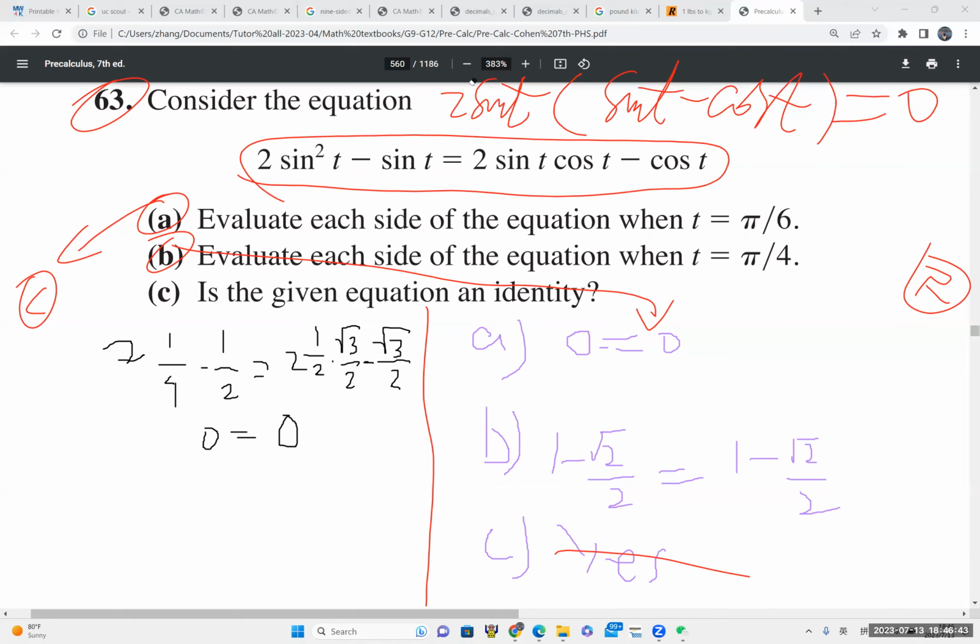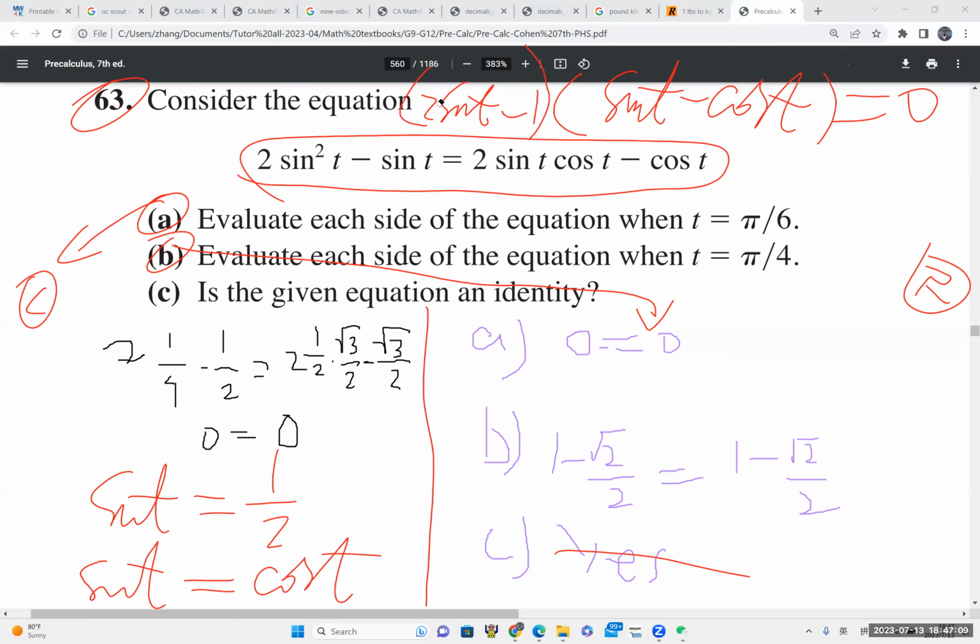Here it is: 2 sine t minus 1 multiplied by the other factor. That means either sine t equals half, then it's true, or sine t equals cosine t, right? Only when t takes these two special values is this equation true. For other values, let's check another one.